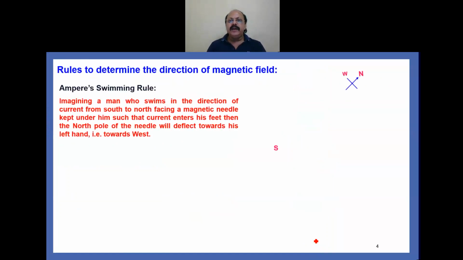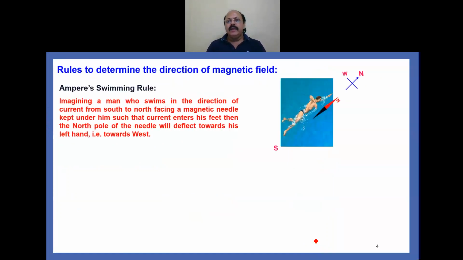Here you see in the diagram, we are assuming that a person is swimming along the south to north direction, and the current's direction is also from south to north. That is, the current enters the feet of the person and leaves at the head. Then the deflection of the magnetic needle is determined by the direction of the left hand of the swimmer. You see here.